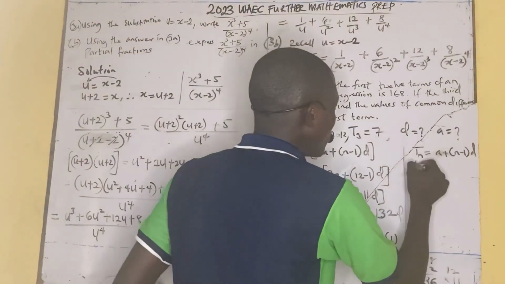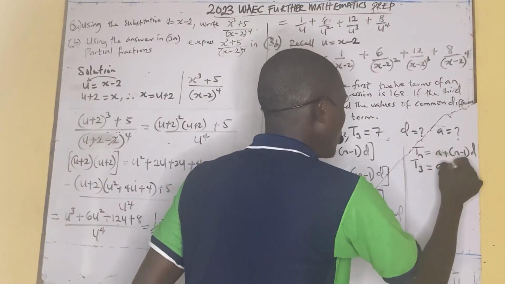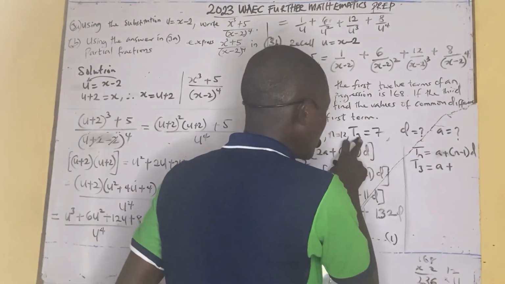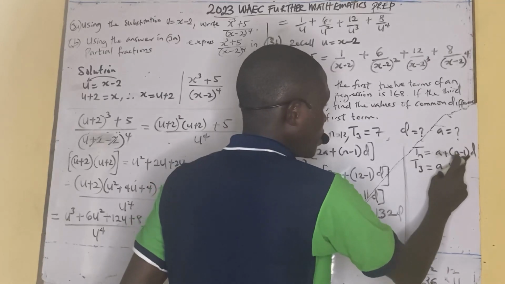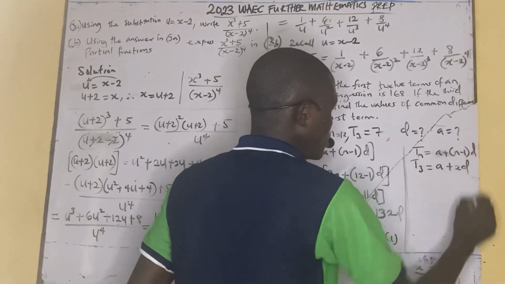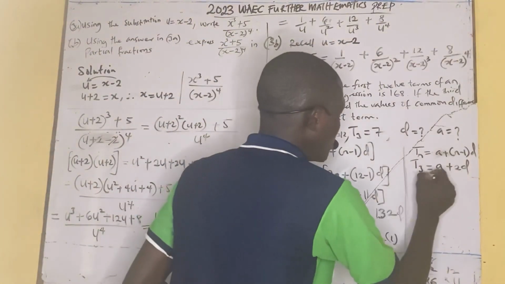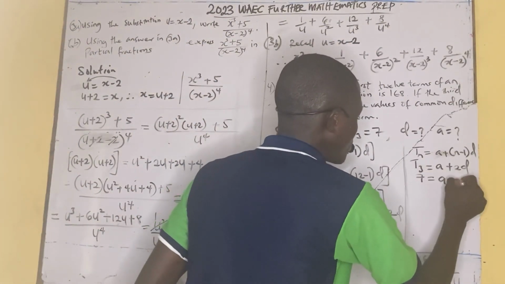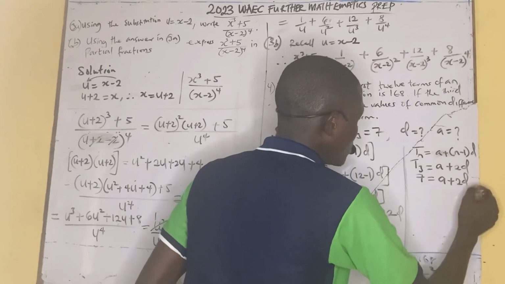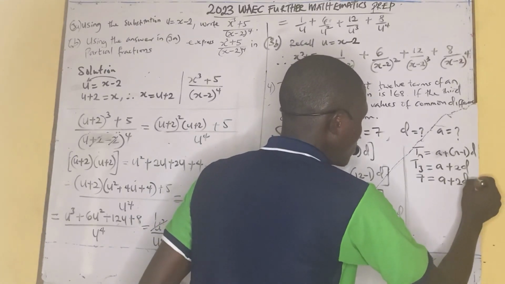So T3 will automatically be a plus, now they said T3 to be 3 minus 1, which is 2d. So T3, which is 7, is the same thing as a plus 2d. 7 equals a plus 2d. This is equation 2.